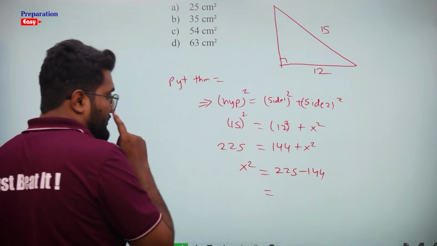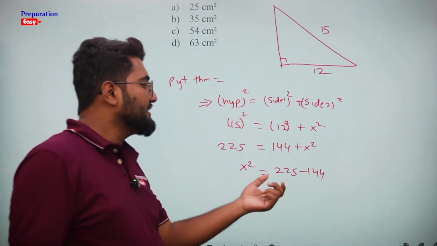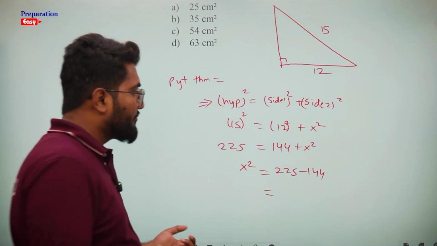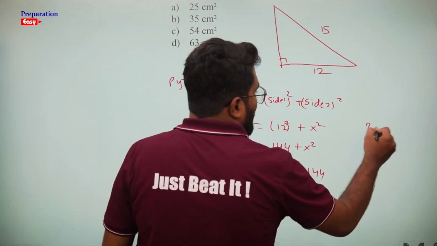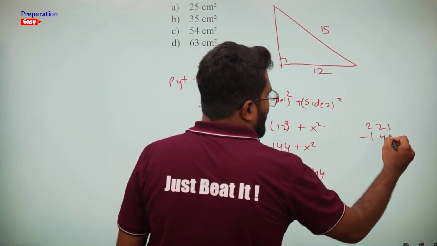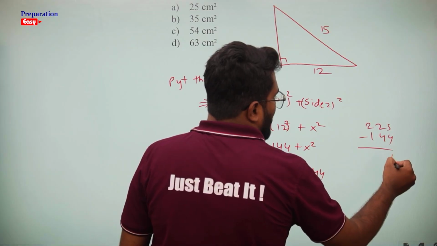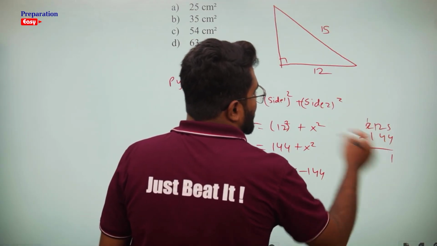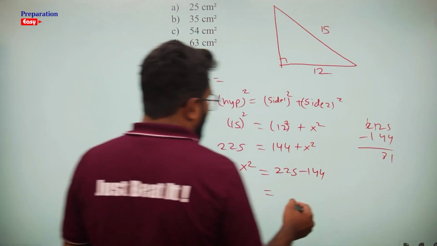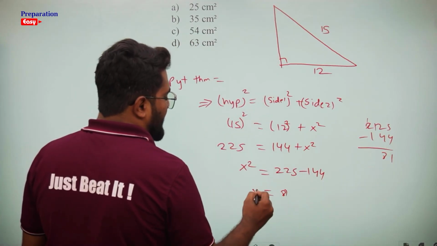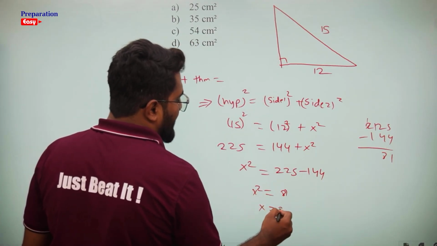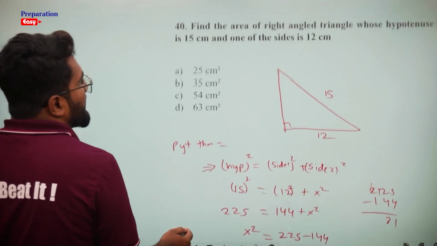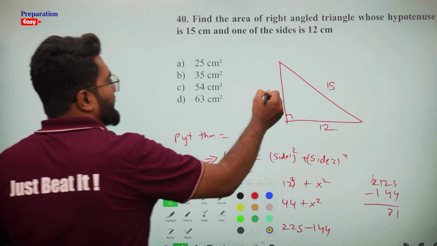Sorry, 5 minus 4 is 1, 12 minus 4 that is 8. So the answer will be 81. x square will be 81, so x will be 9. So we got the third side as 9 centimeter.